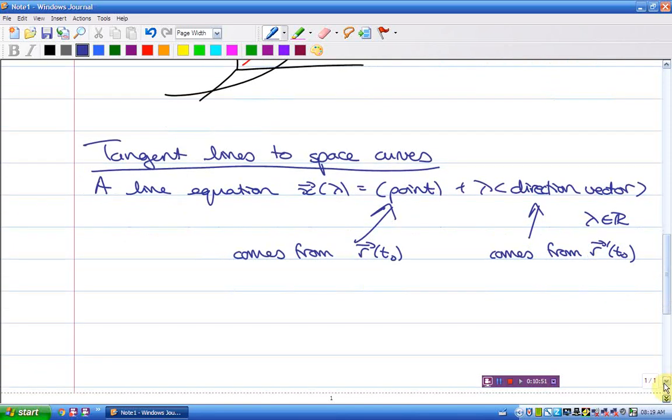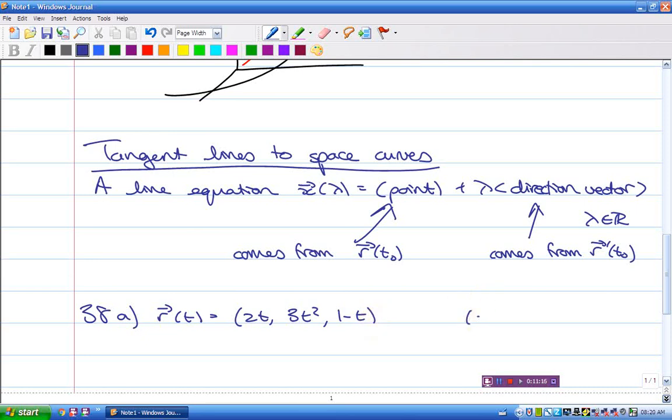Okay, and there's really nothing more to say except to demonstrate. So I'm going to demonstrate with exercise 38A in fact. I'm going to do 38A and then you're going to do 38B. Given the curve described parametrically by r of t equals 2t, 3t squared, 1 minus t, find the equation of the tangent line to C at the point.